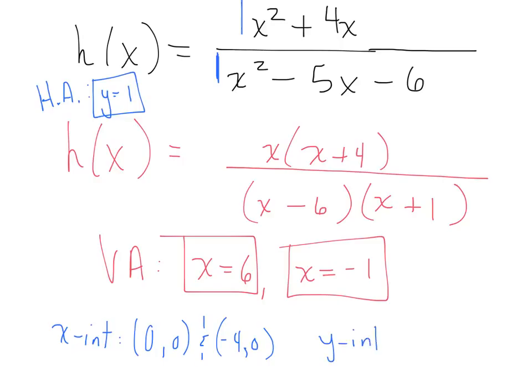Isn't it 0? Good. By default, why? Because the numerator is 0, so it's got to be 0. Unless the denominator was 0, then it'd be 0 over 0, which is indeterminate. But also, if the x-intercept is (0, 0), you have to have a y-intercept of (0, 0), always, because (0, 0) is the same one.